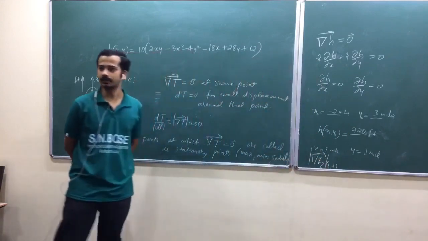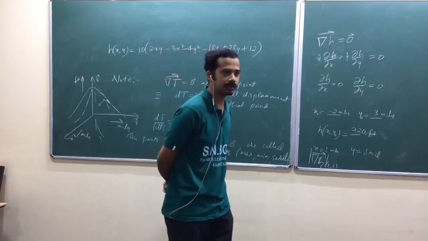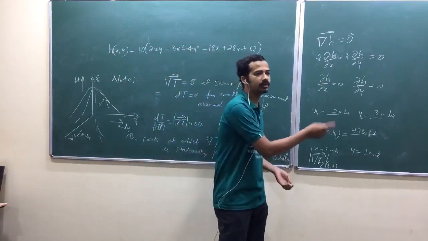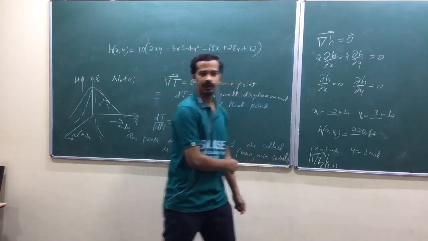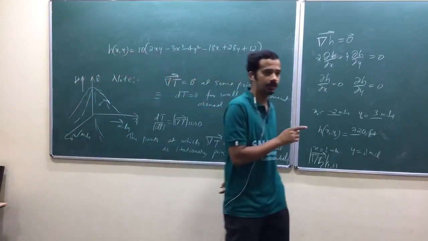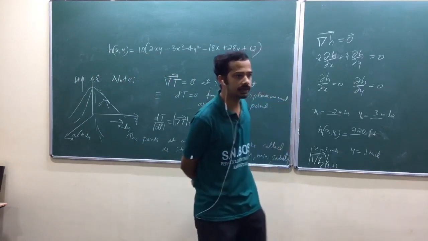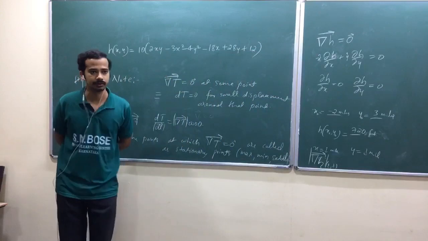You can take the gradient and make it a unit vector. You have to make it a unit vector, okay? Don't keep that vector as it is, because when you are talking only about direction, make it a unit vector. Don't keep its magnitude other than unity.